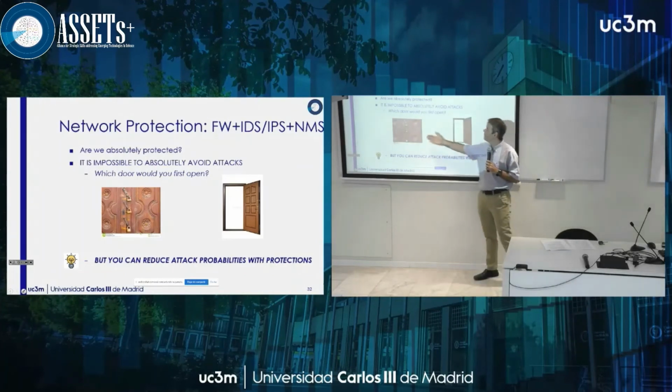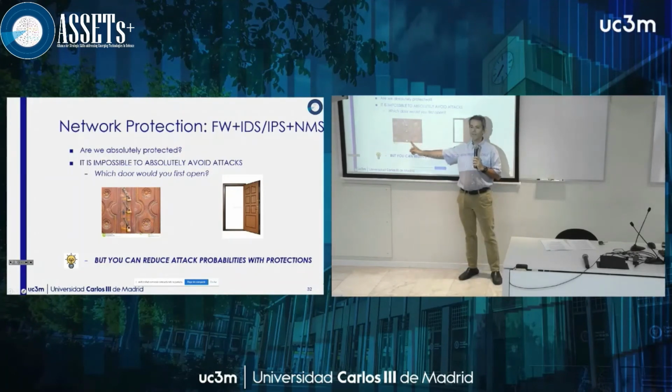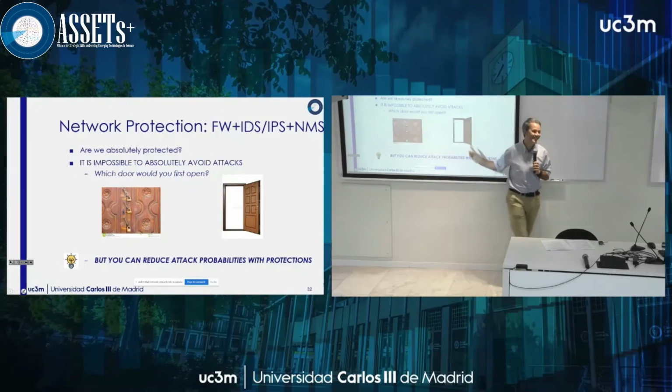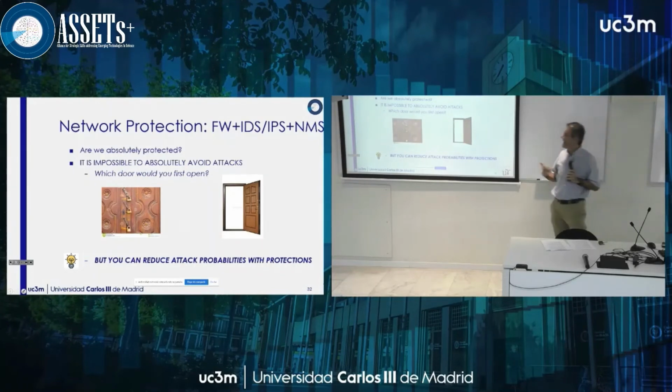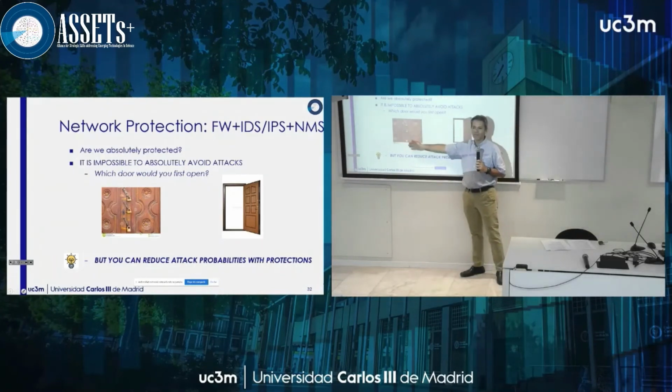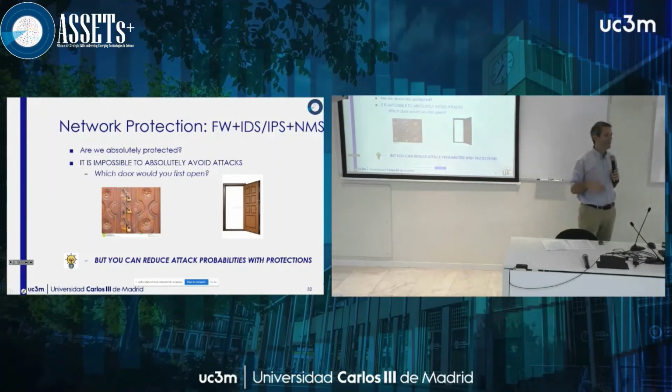Which door will you open first? Obviously, this door. The other is open. So it's the same for the attackers. The more protection you have, the more they will go for another subnetwork, another victim that is easy to get into.